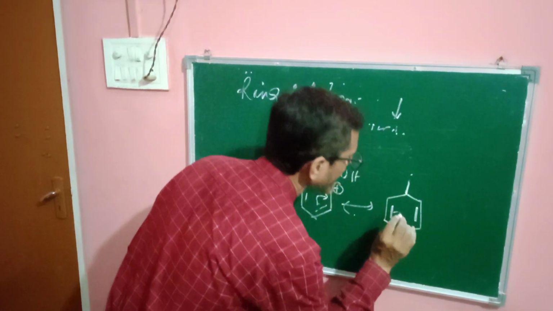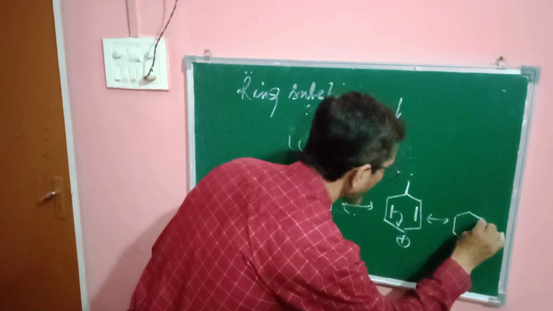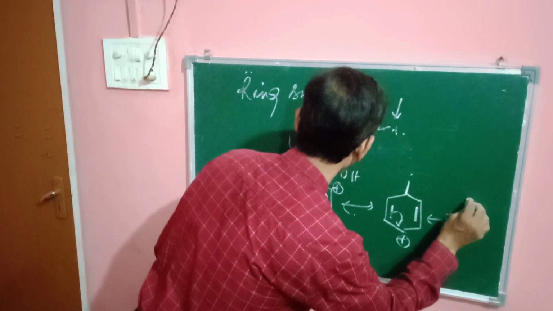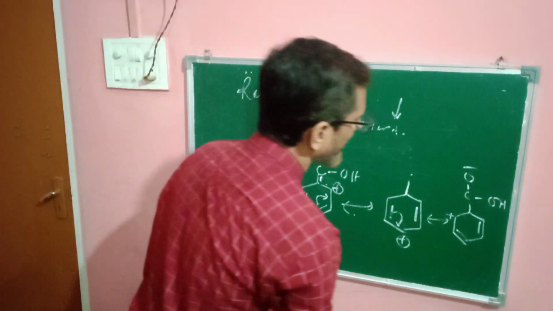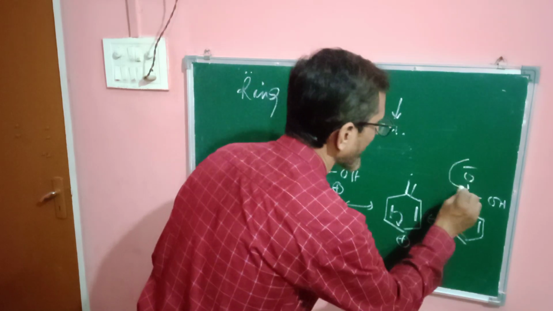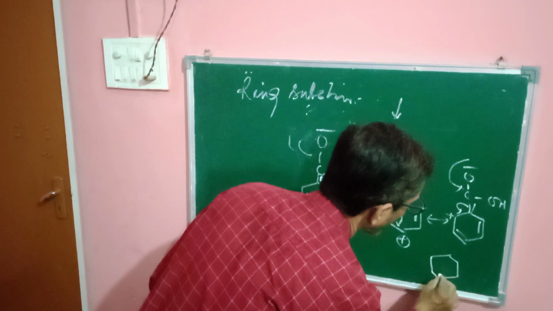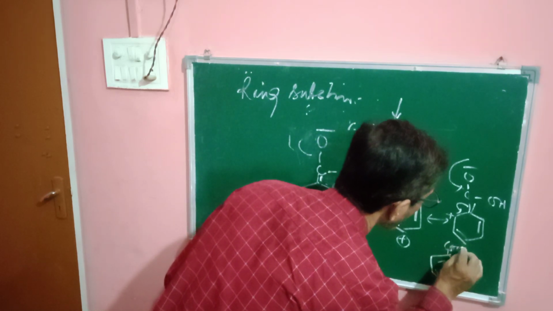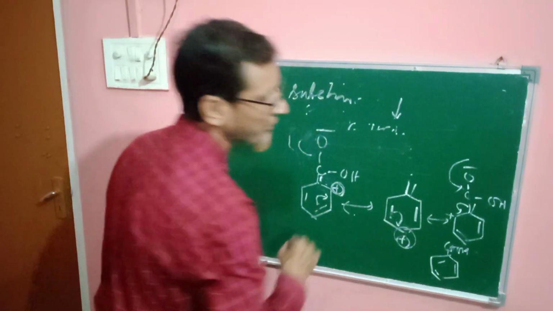Again this part comes here to help, and you get plus here while that position remains the same. Finally the fact is that in the ortho and para positions you get plus and plus.